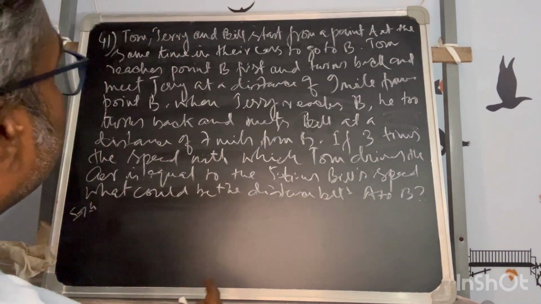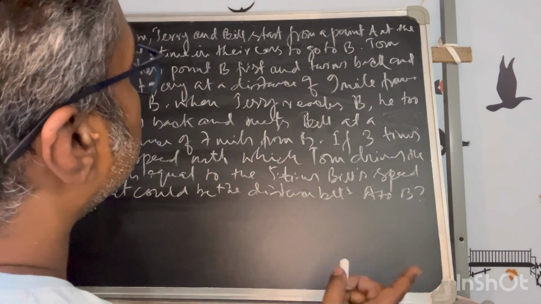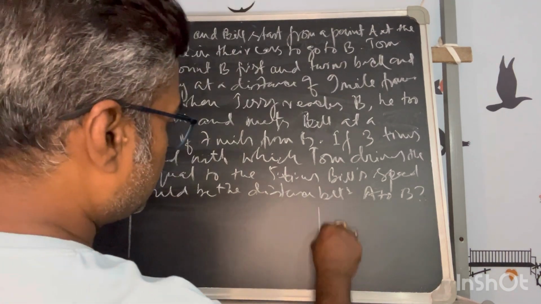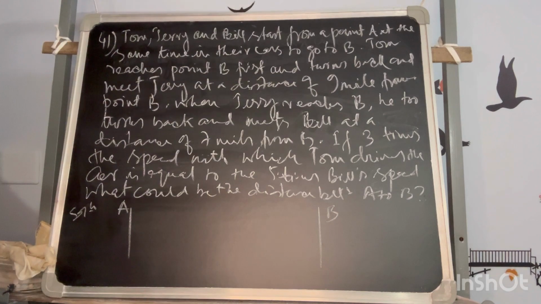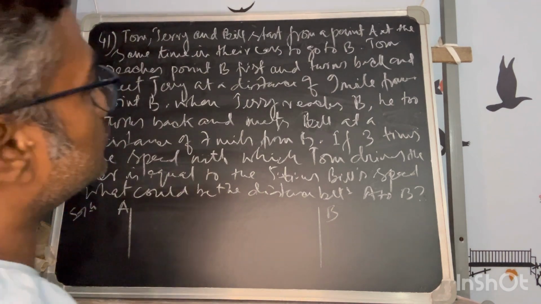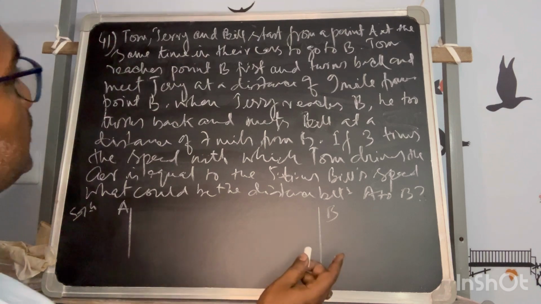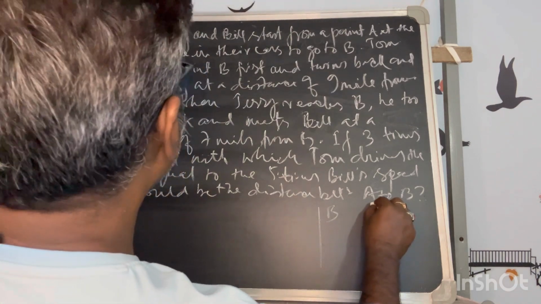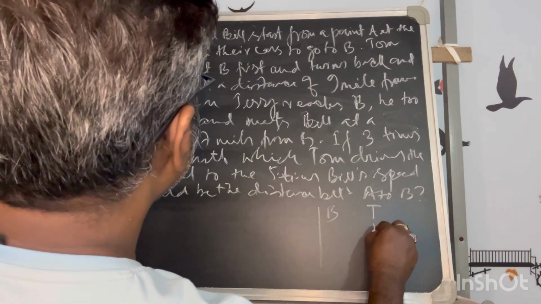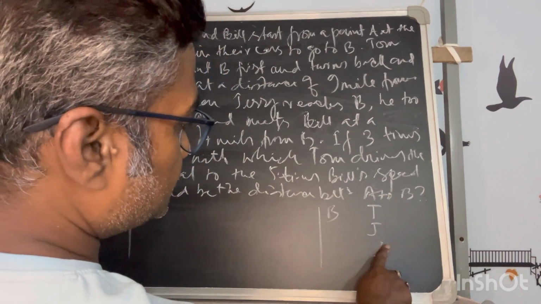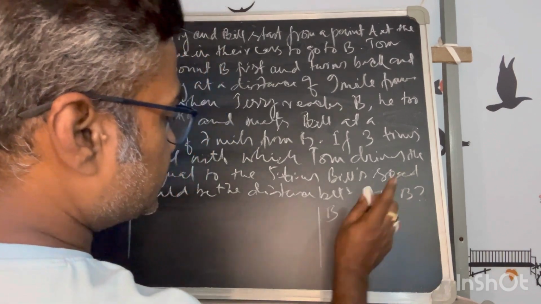So Tom, Jerry, Bill start from a point. Let's say this is A to B. They start at the same time in their cars to go to B. Tom reaches point B first. Three characters are there: Tom, Jerry, and Bill. So I assume their speeds correspond to the initials of the names.